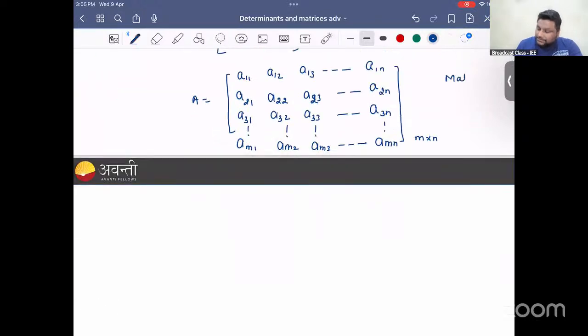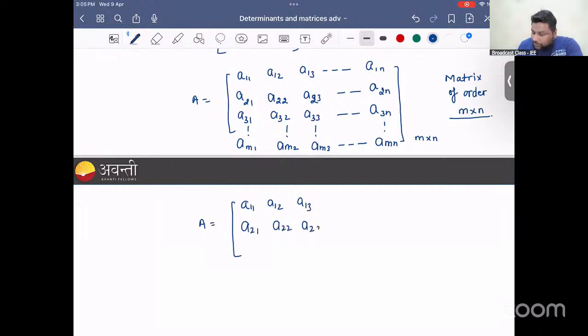What is it? Matrix of order M cross N. Am I clear? So say a matrix is like this: A11, A12, A13, A21, A22, A23, A31, A32, A33.